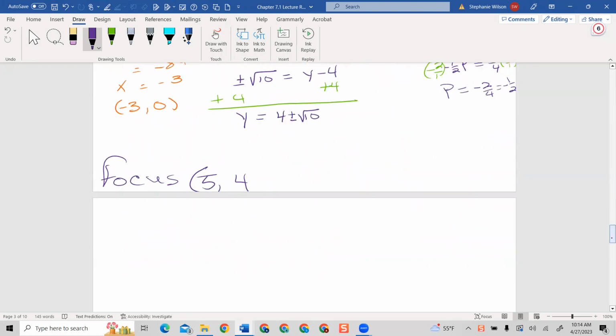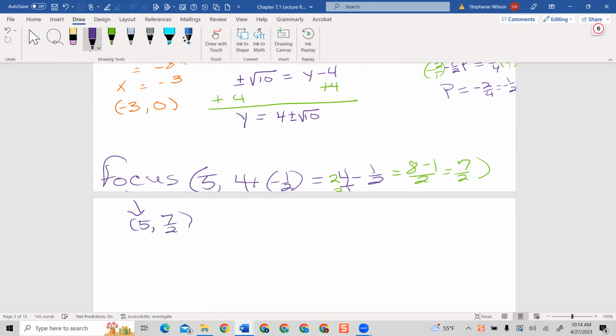So I'm going to have 4 plus that negative half, which is going to be 4 minus half. And I'm going to put 4 over 1. I need to find the common denominator. In this case, it's 2. So now I got 4 times 2 is 8 minus 1 over 2, which is 7 halves. So now my ordered pair is 5 comma 7 halves.